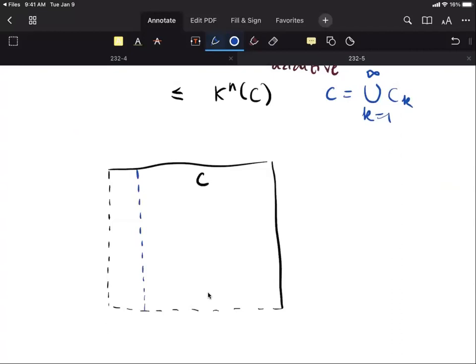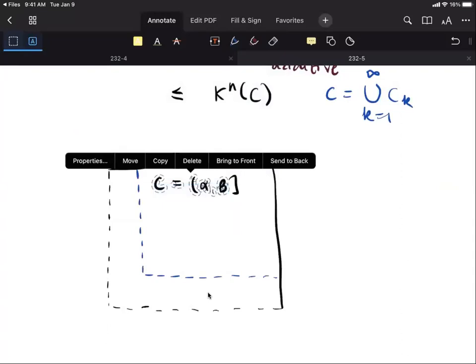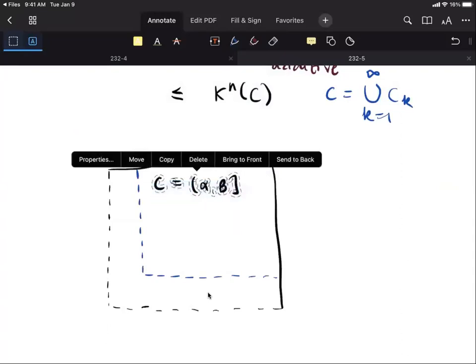Okay, so recall that C here would be the cell alpha beta. And the smaller cell will be this one in blue. So let us move this to avoid confusion.